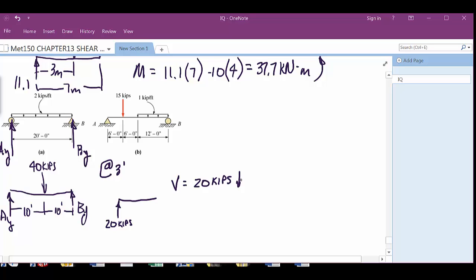It's a positive value, so it's going down. The moment, 20 kips times 3 feet, right? This distance from here to here is 3 feet. Equals 60 kip-feet.